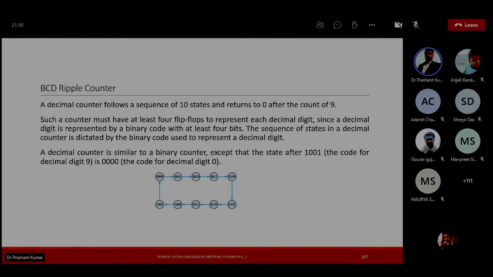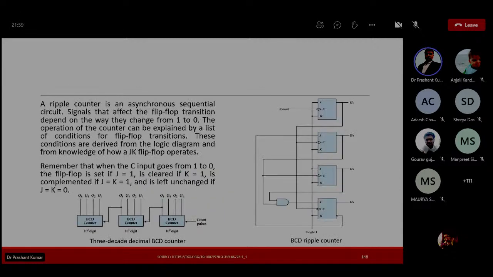A decimal counter is similar to a binary counter, except that the state after 1001 is 0000. So 0000 means 0, 1, 2, 3, 4, 5, 6, 7, 8, 9, and then 0 again.